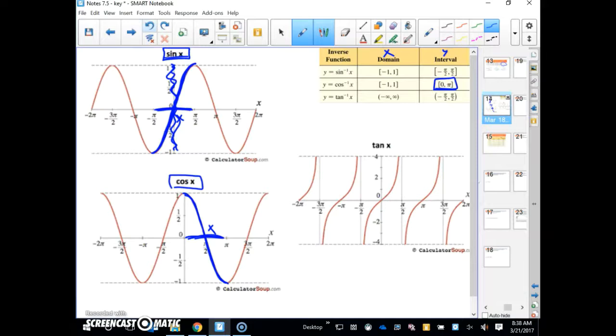There's your restriction. And as for tangent, it's pretty easy to see how to restrict this. Just take one of the tangent curves and get rid of all the others. That would be 1 to 1. Again, the domain of tangent is going to equal the range of the inverse tangent, and likewise with the range of tangent being the domain.